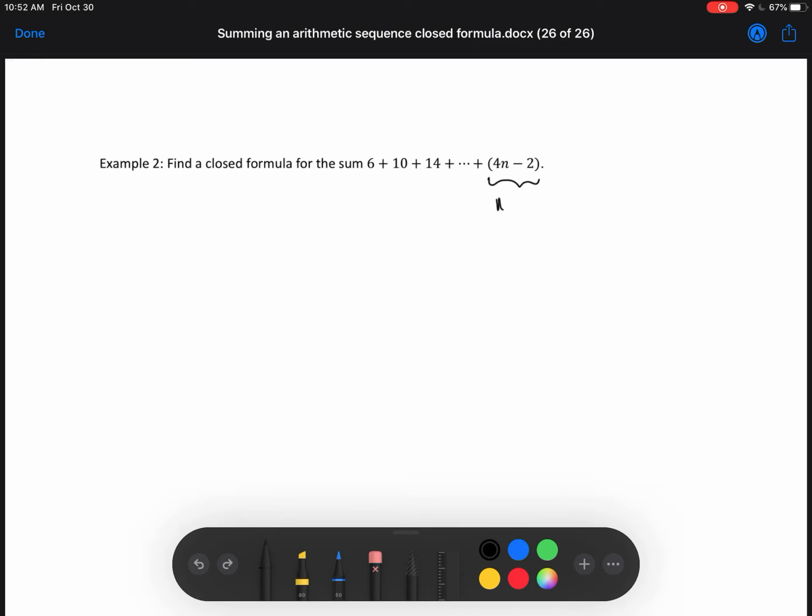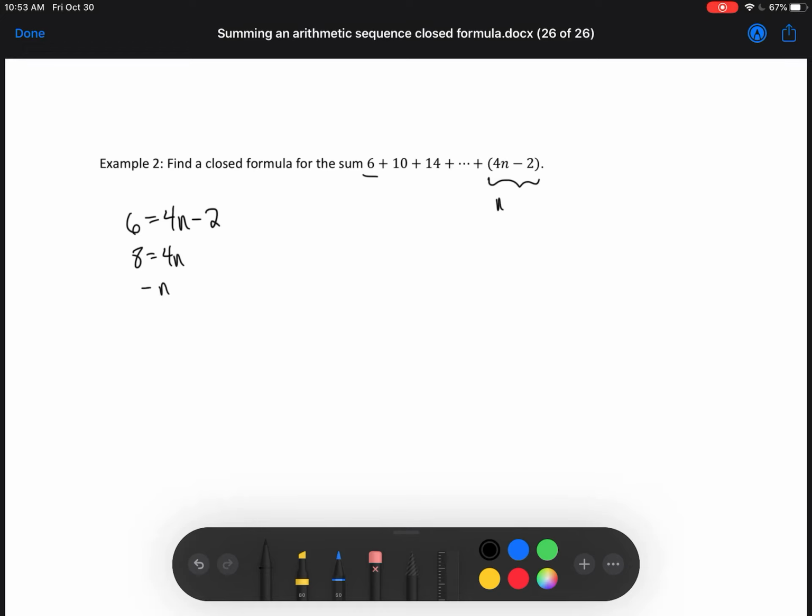So the first thing we want to do in this case is to find how many terms there are in the sequence. So we need to start with this 6 over here. And 6 is going to be equal to 4n minus 2 for some value of n, right? Because every single term in our sequence has that form of 4n minus 2. And we want to know for what value of n that is.